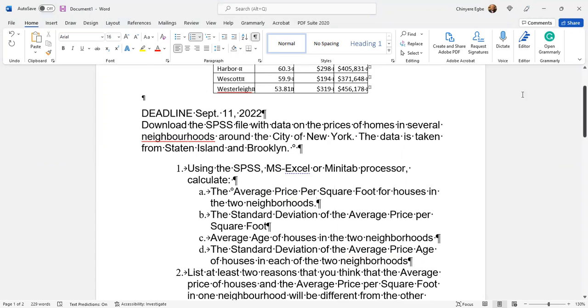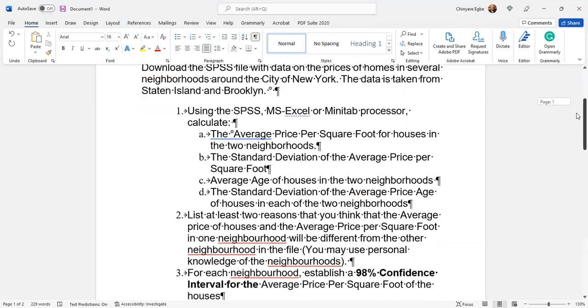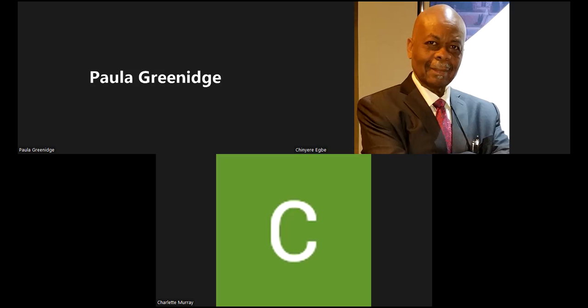Okay. So I'm going to take average price per square foot. I'm going to stop share this one, and I'm going to pull up the data for it. It looks like something happened, something took away the information.